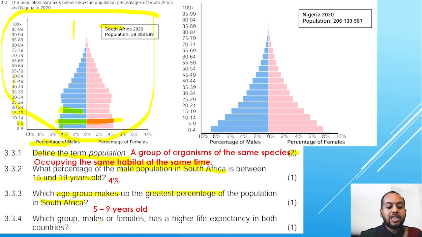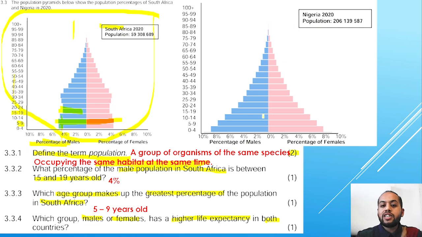3.3.4, which group, males or females, has a higher life expectancy in both countries? Males or females? Which one has the higher life expectancy? If we look at the percentage of males, higher life expectancy, we go to the top. There are no bars here. But for the females, there are bars here for 90 to 94 years old, pink bars.